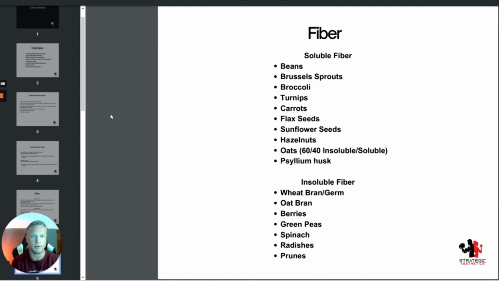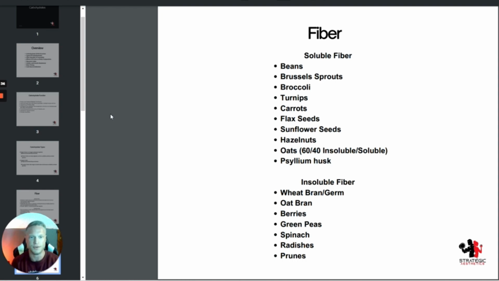Okay, so I've listed some soluble fiber sources, and I've also listed some insoluble fiber sources. This is something you can do a quick Google search on when you're putting together your meal plan, if you're on macros. If you're on a meal plan, then it's pre-accounted for. There are some things like oats, for example, that are 60% insoluble and 40% soluble fiber.